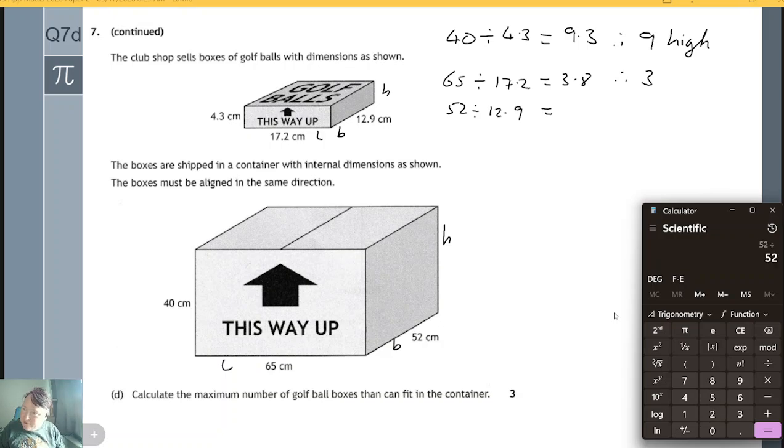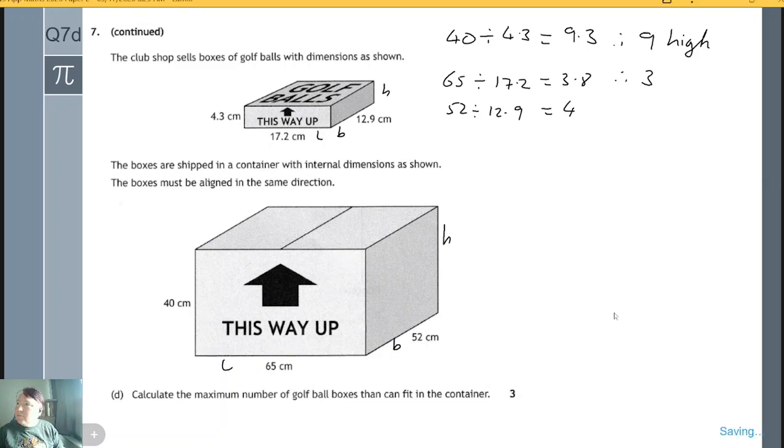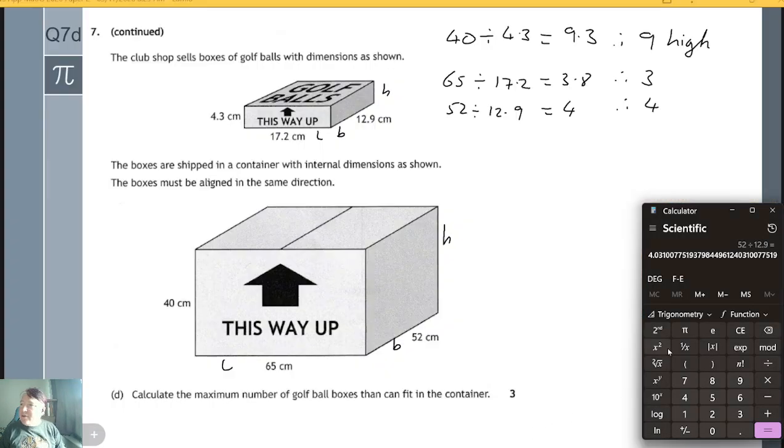Our 52 divided by 12.9 is 4. Right, so a flat base altogether in the orientation we're seeing them in the image is 9 times 3 times 4 is 108.